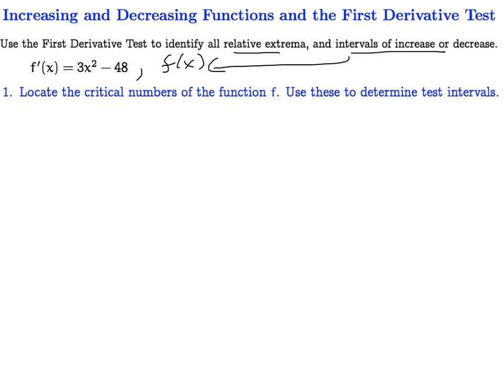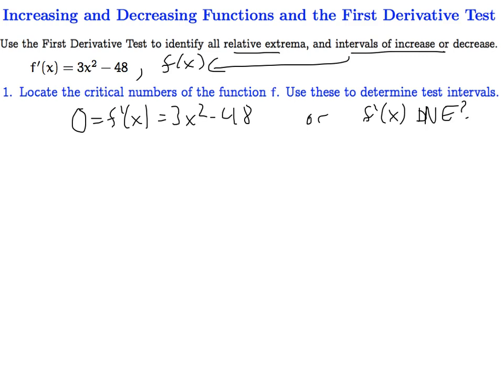So in this case, again, what we want to do is say, well, where is its derivative equal to 0? Or where does f prime, the derivative, not exist? Well, in this case, we can skip the does not exist because this is going to be a fine function, but we can solve and say, let's see, 48 is equal to 3x squared, 16 is equal to x squared, so x is going to be plus or minus 4.